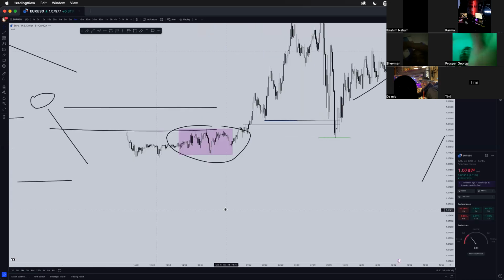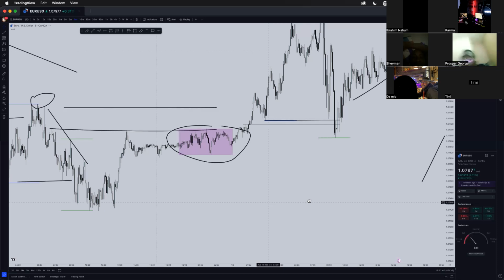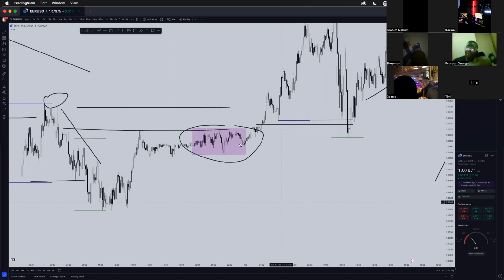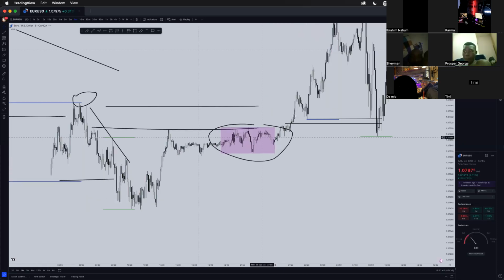Are you guys with me? So now, look at this, guys. In this base, before the big volume, what do you notice? The market shifts momentum to the downside. It breaks structure to the upside, then it what? It breaks to the downside. The same thing that happened here in a bigger picture.